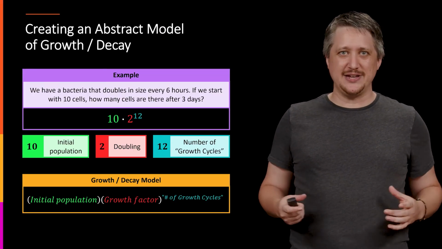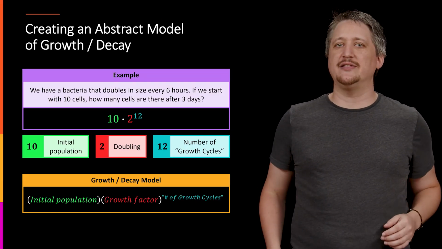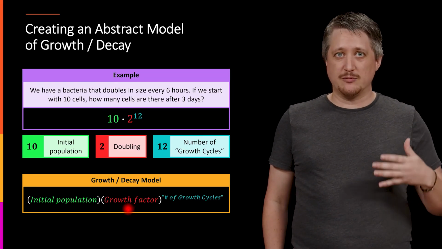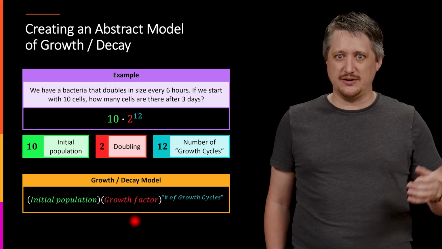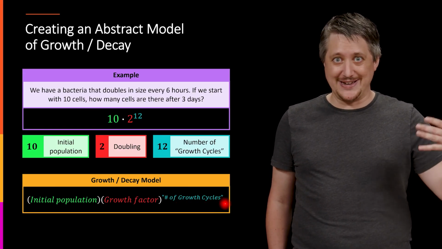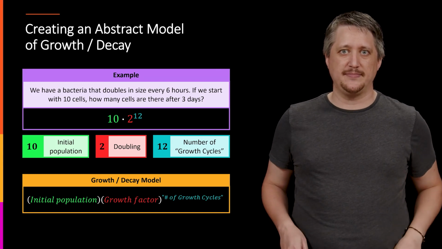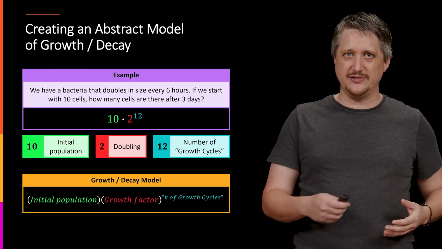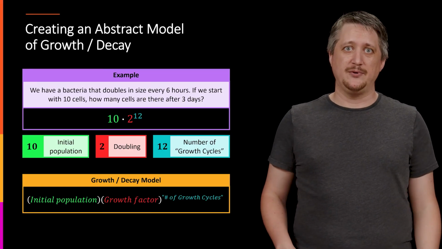So anything that you're looking at, half-life, bacterial growth, interest rates, all of these things come down to this one setup where you have however much you start with times however much it's growing each time, like doubling, tripling, increasing by 1.1, whatever, to the power of however many times you are iterating it over your time period. So however many cycles occur over the time that you're interested in, okay? All of them boil down to this, which is why we're not going to go into all of the different formulas that you might have learned previously in this section, because they are all this formula in disguise, okay?